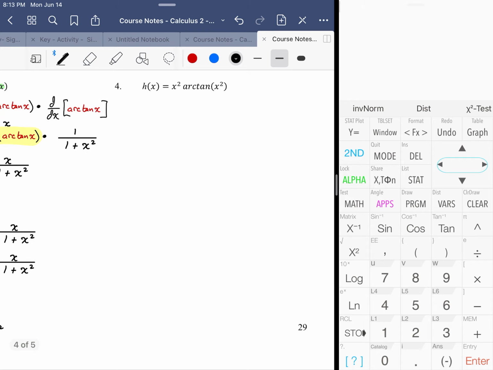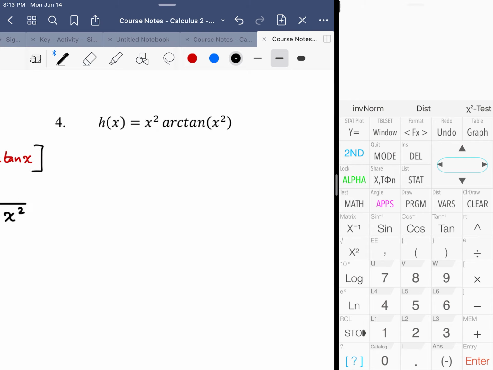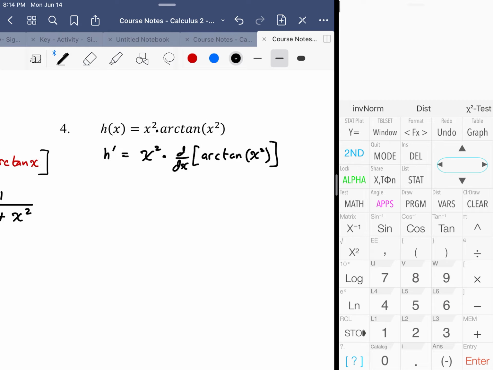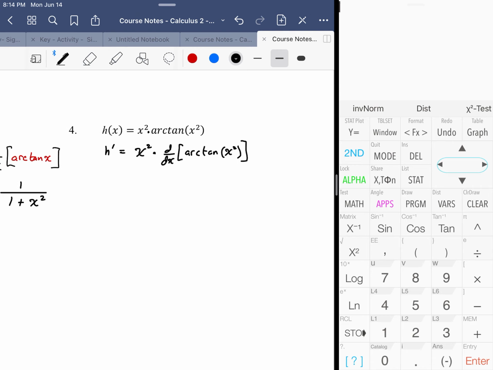All right. The last one here looks like a product. So h prime is going to be first times the derivative of the second plus the second times the derivative of the first.